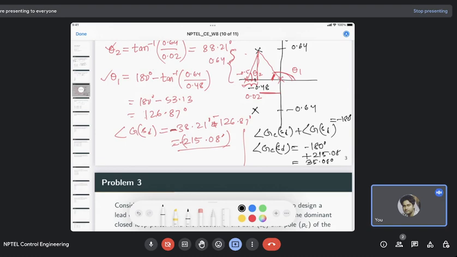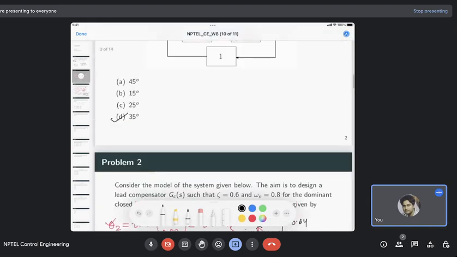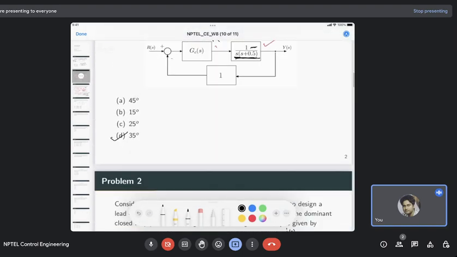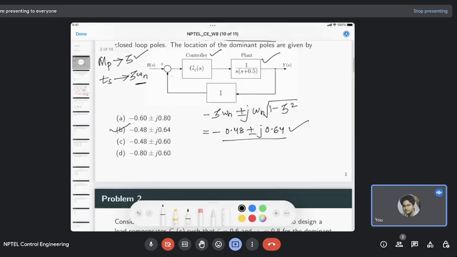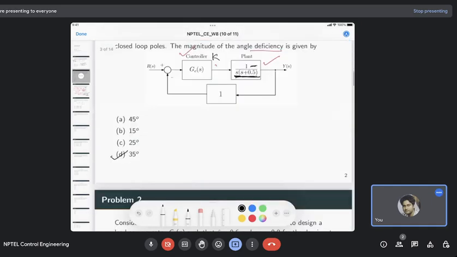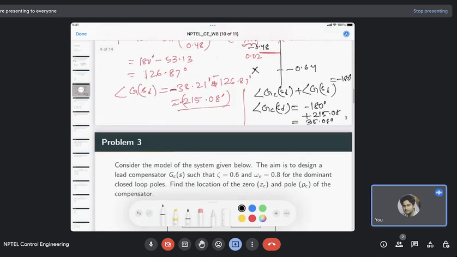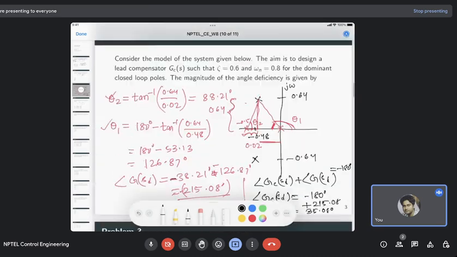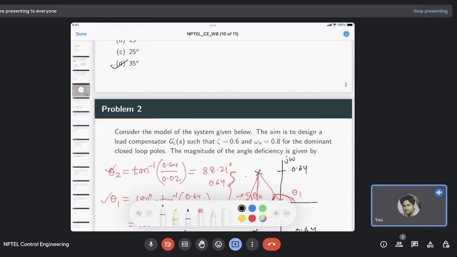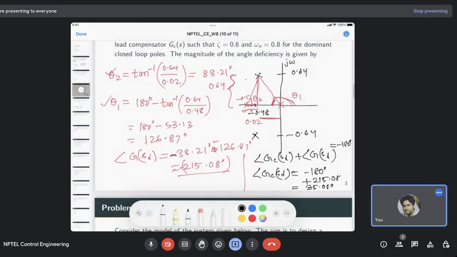So by simple gain adjustment we cannot place the poles at the desired dominant pole locations that achieve our transient response. We see the angle deficiency that has to be contributed by the compensator so that the dominant poles are located on the root locus.